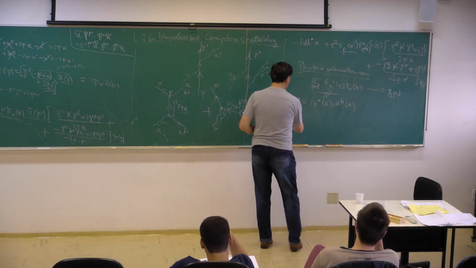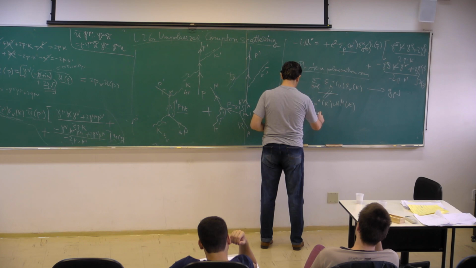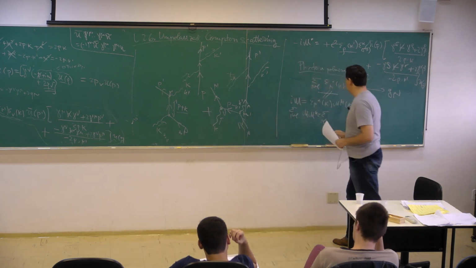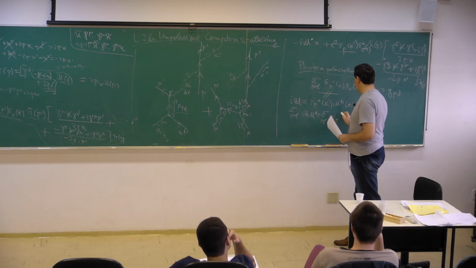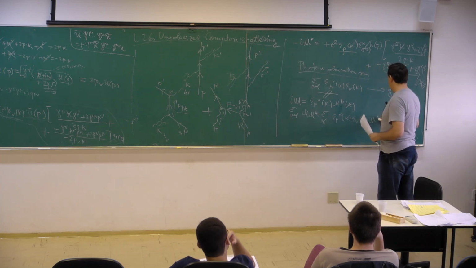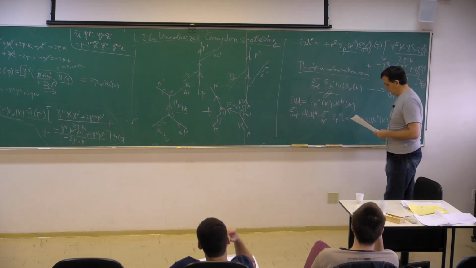And then the sum of polarizations of M star would be the sum of polarizations of epsilon mu star of k, epsilon mu of k, M mu of k, M star mu of k, right?